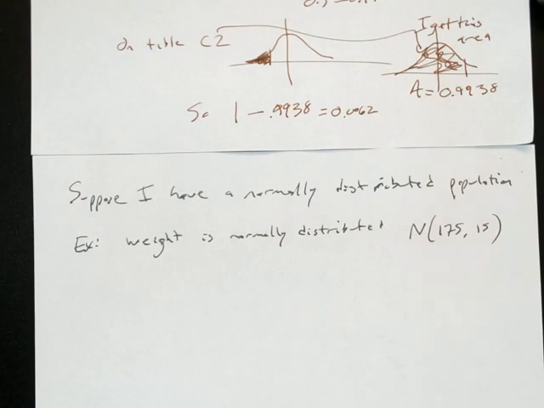So, when we were dealing with descriptive statistics, we did things like quartiles. Where are the 25% marks? And we talked about the middle 50%.